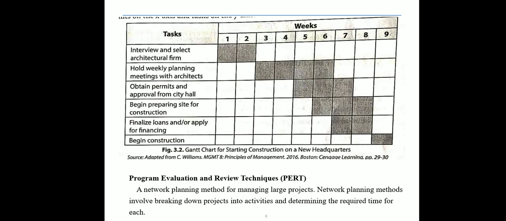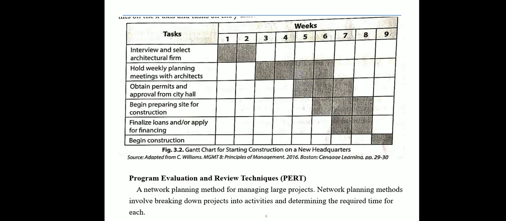This is the figure of a Gantt chart for starting construction on a new headquarters. As you can see, there are tasks and weeks allocated for this. It shows that the tasks must be completed by the following periods in order to start construction on a new company headquarters by the 9th week.